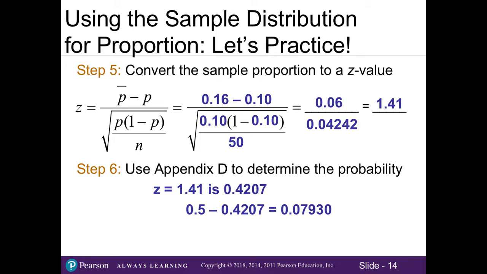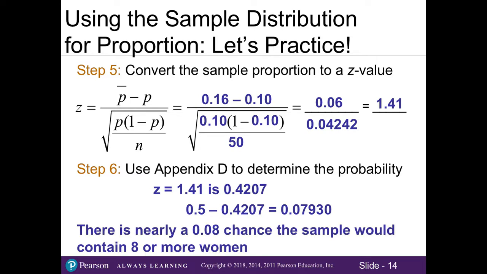And that'll give us the area that we are interested in that is greater than 1.41, or the probability that our sample proportion will be greater than 0.16 at 0.07930. In other words, there's nearly a 0.08 or 8% chance that the sample would contain 8 or more women.